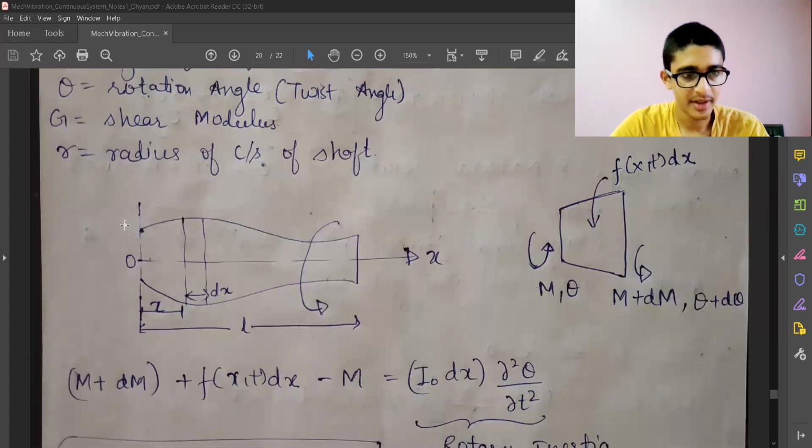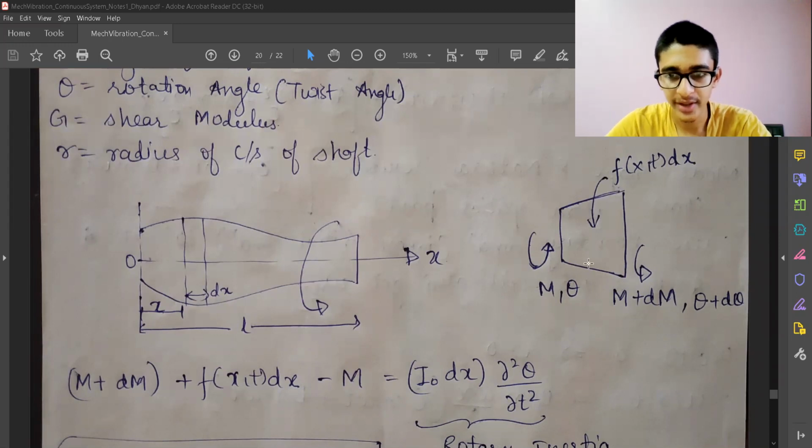So let's come to a generalized shaft, which is going to have a varying cross section. This is how I'm going to represent it, and I'm taking a small element out of it on which an internal moment will be acting, and an external moment or torque is applied to the shaft. This will lead to some distribution of internal moments.